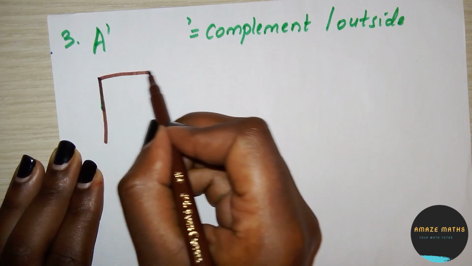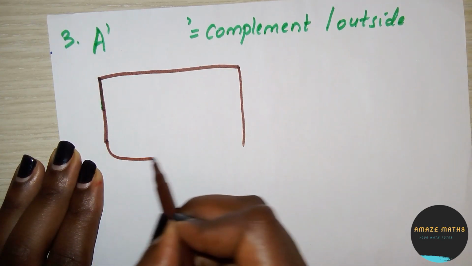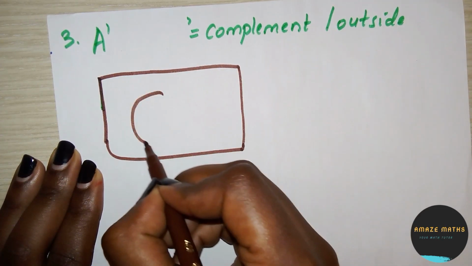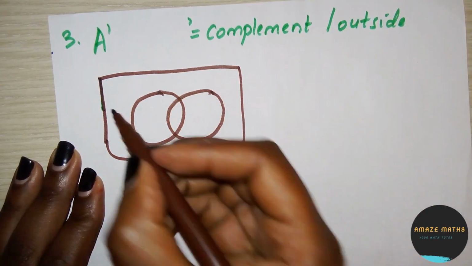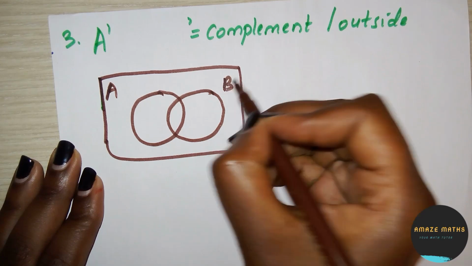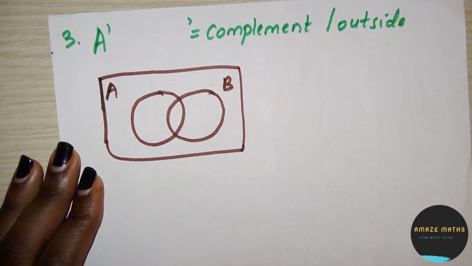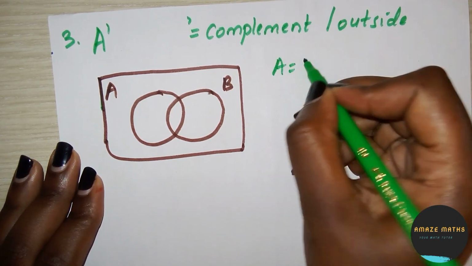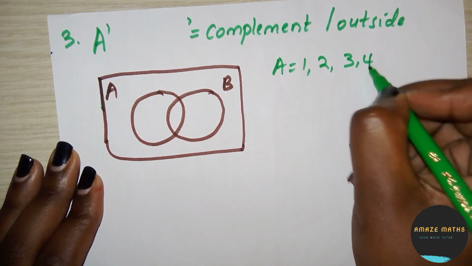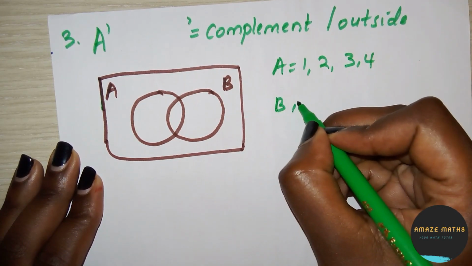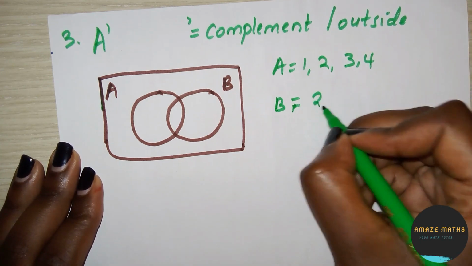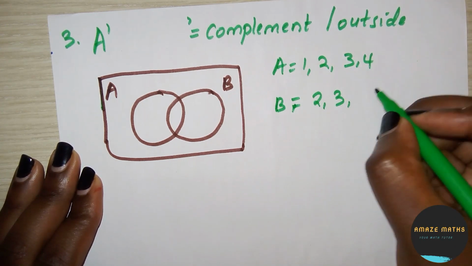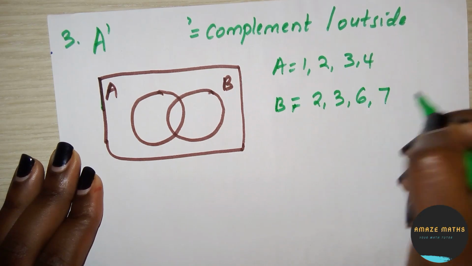We have the universal set, and we have A and B. For set A we said we have 1, 2, 3 and 4, and for B it is 2, 3, 6 and 7.